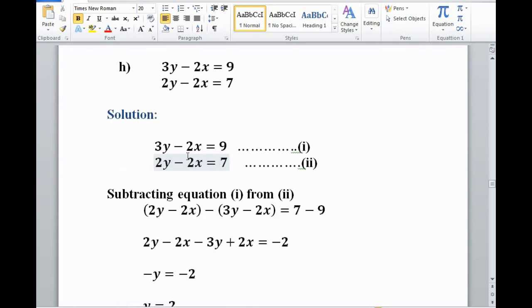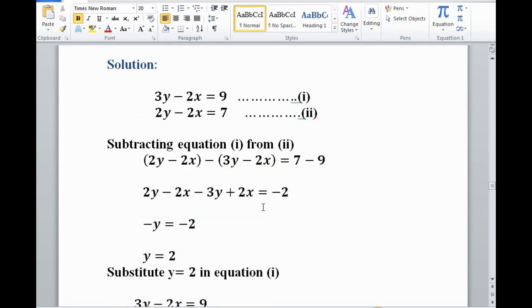First of all, let's name the first equation as our equation number 1, and the second linear equation 2y negative 2x equals 7 as our equation number 2. Since we are eliminating this variable x from these two equations, I'll subtract equation 1 from equation number 2.